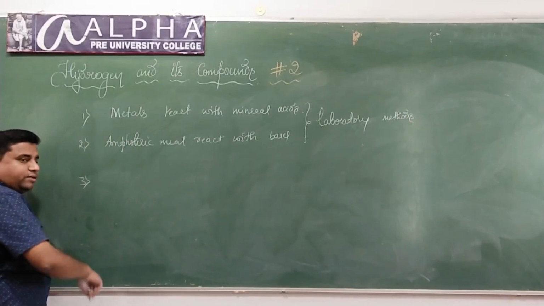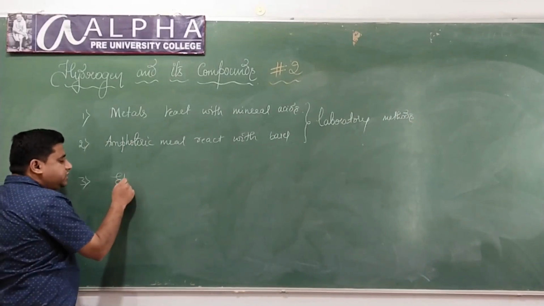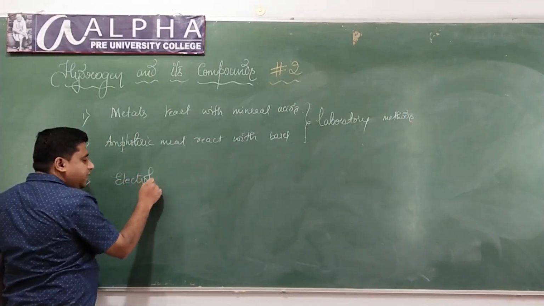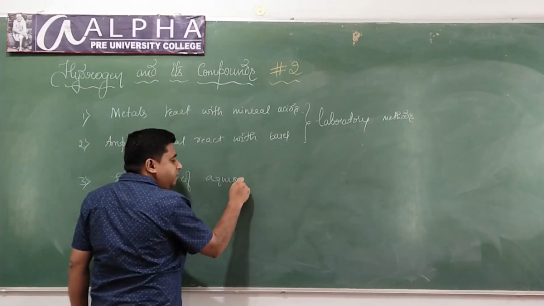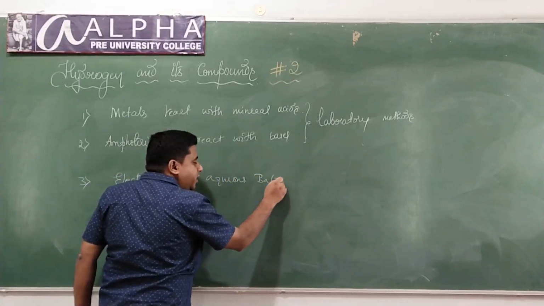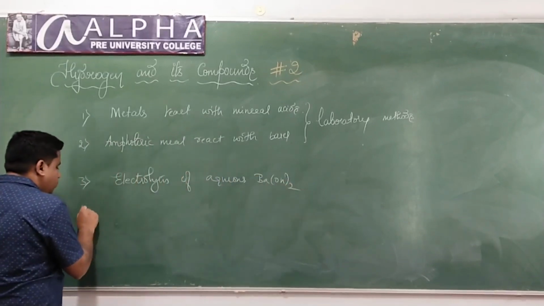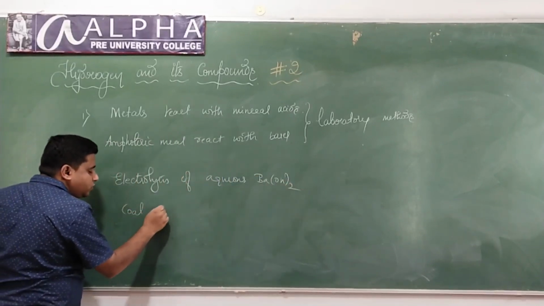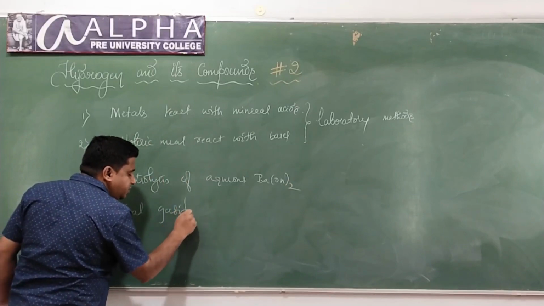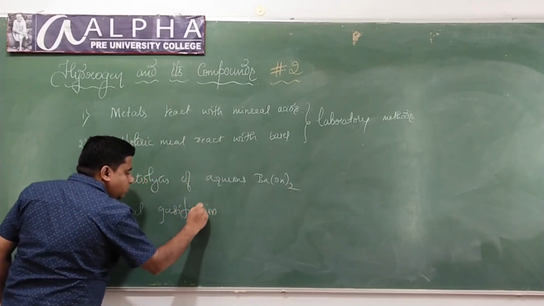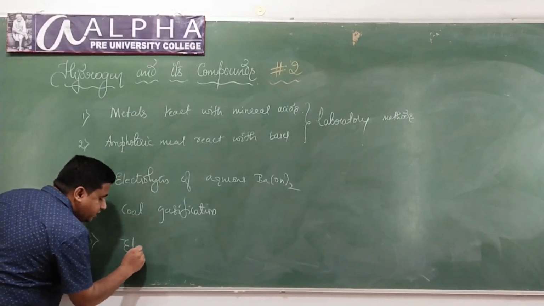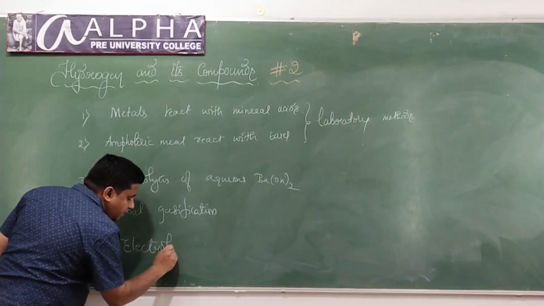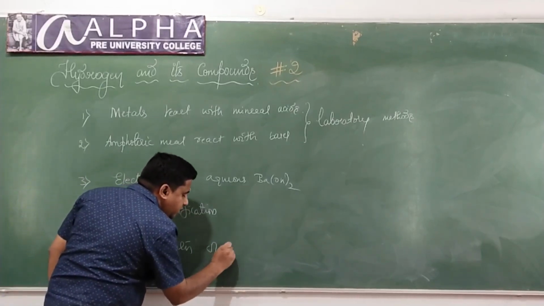And after that I was talking about electrolysis of aqueous barium hydroxide, and then coal gasification, and also we have got one more important method, that is called as electrolysis of water.